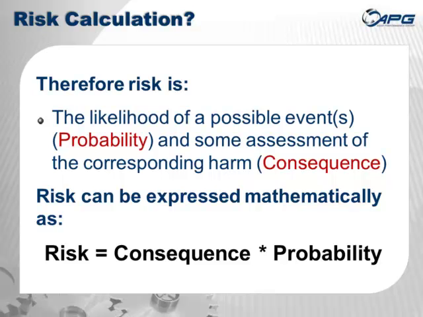By multiplying those two values together, if they were numerically provided, we could end up with some semi-quantified numeric value for exactly what risk is, and then get into the ability to do a risk comparison when we start to look at multiple events within the spectrum of what can occur.